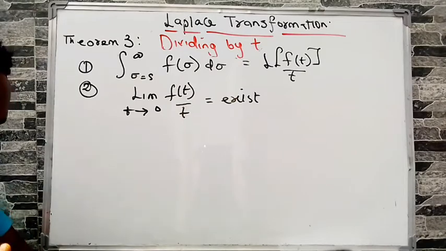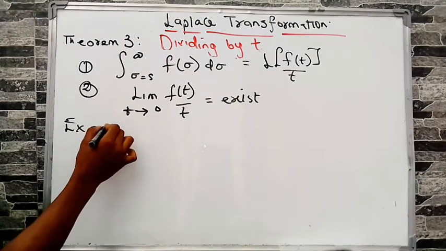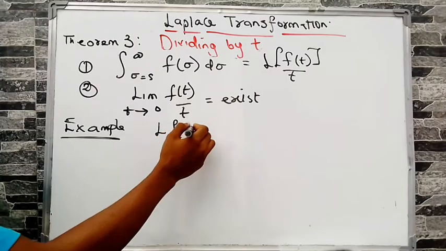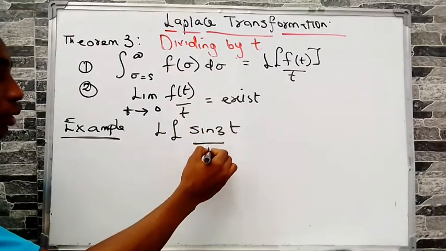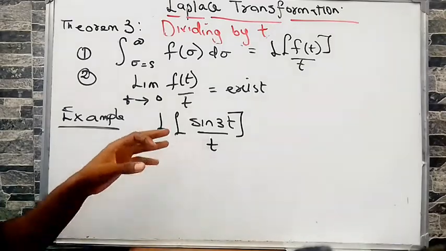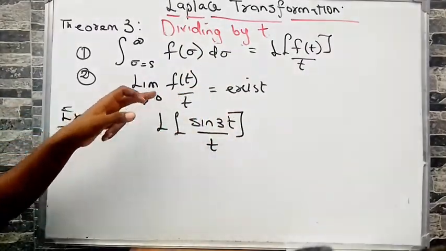So now let's take an example. Find the Laplace of sine 3t divided by t. This is the example we are going to be working with. Before we proceed, this will become valid only if this is carried out.